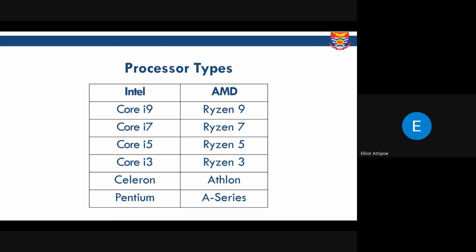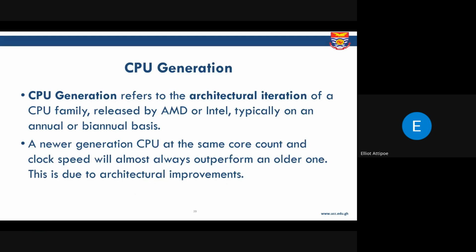So generation is key. When you are buying a processor, you need to know the generation. Okay, it's all about the architecture. So almost every year or 2 years, these manufacturers come up with a new architecture, which performs better than the old one. Okay, so it's always a good practice to go in for a new architecture, which has better improvements over the previous one.